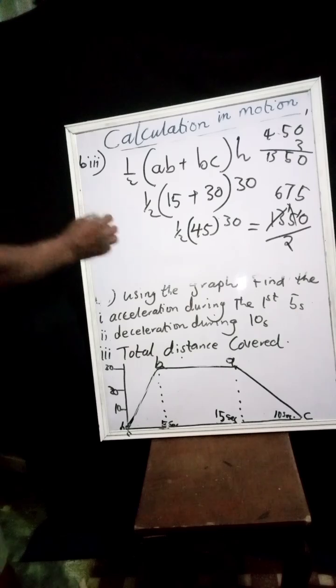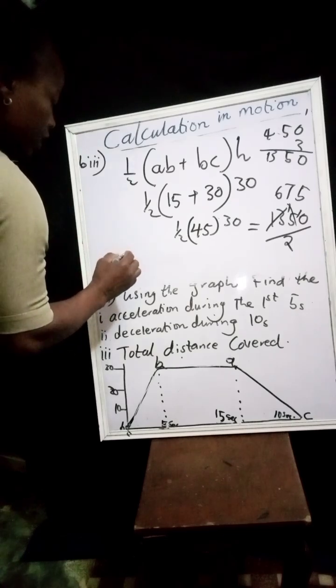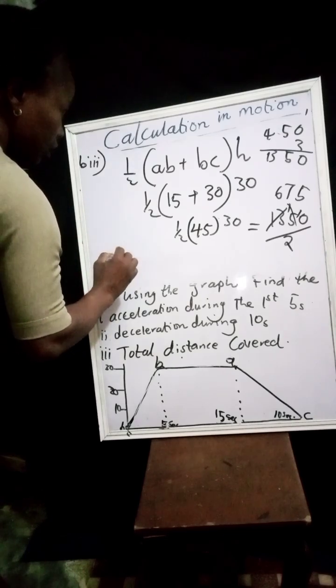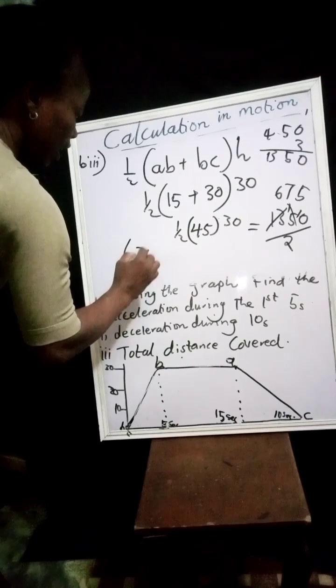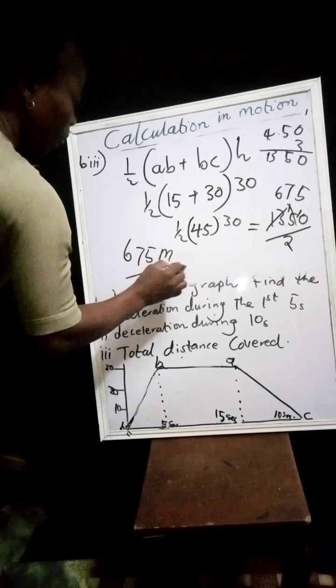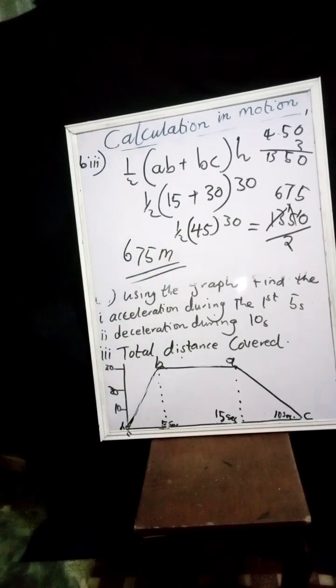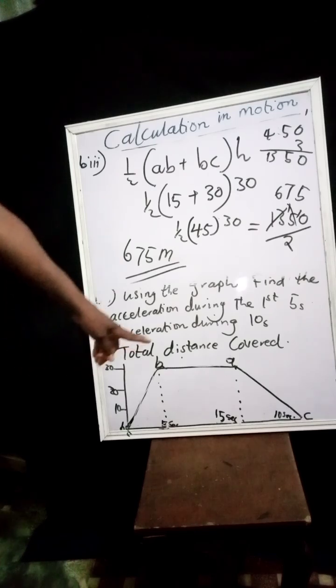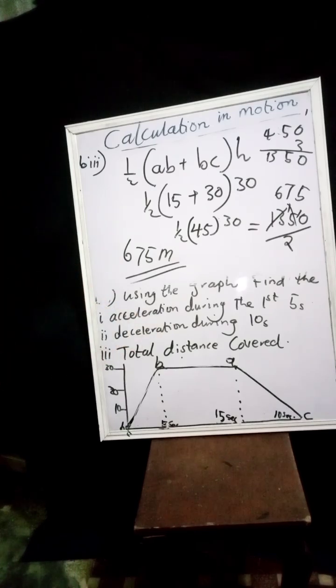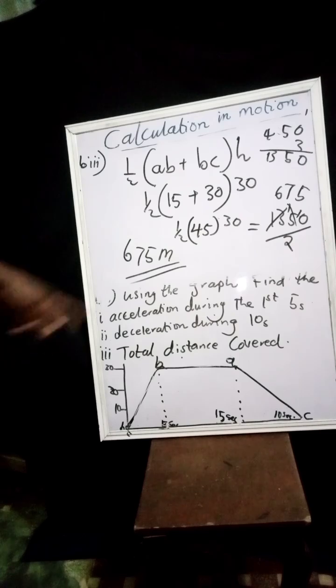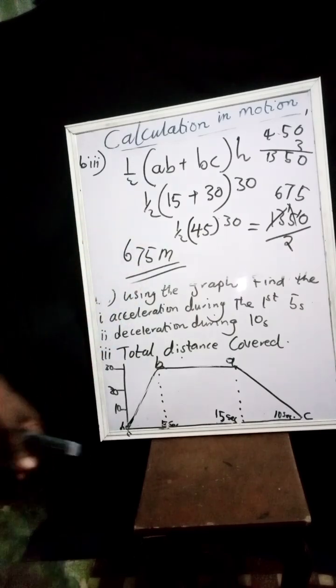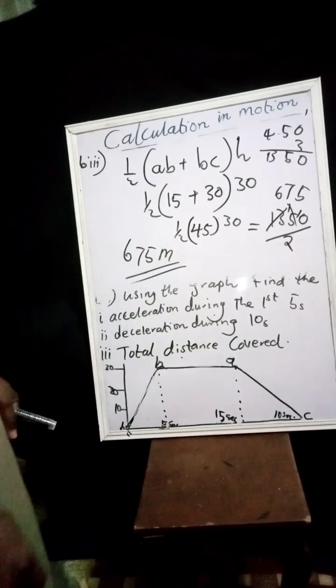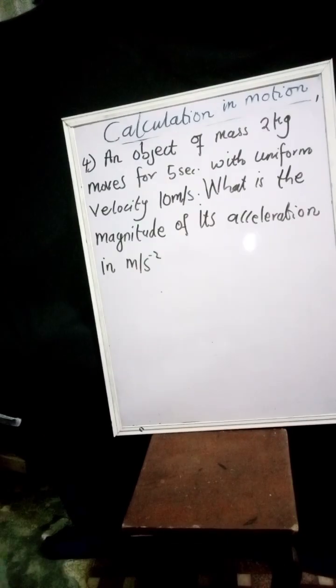So the distance covered is 675 meters, because meters per second, the second divided by second will give you 1, and 1 multiplied by meter is meter. And that is it. Now try this one.